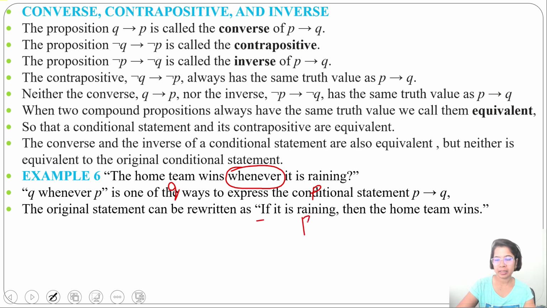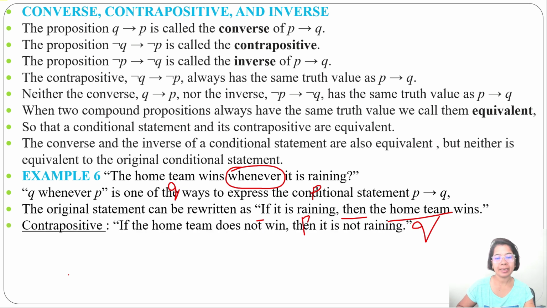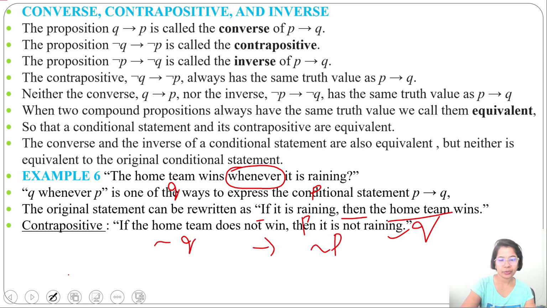Now its contrapositive will be negation Q implies negation P. So if the home team doesn't win, then it is not raining. If the home team doesn't win is our negation Q, then it is not raining is our negation P.